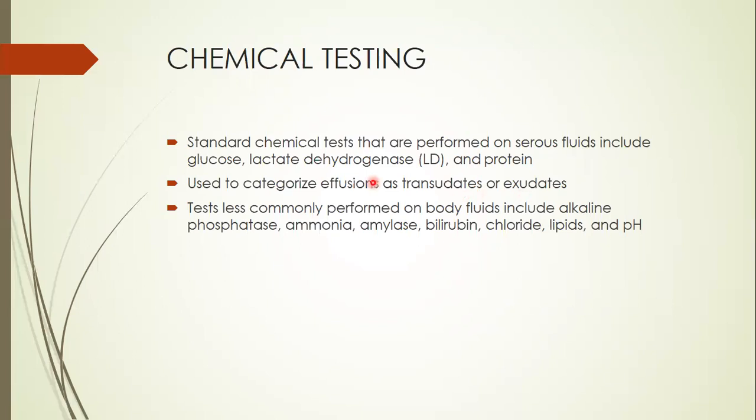Additional tests may be performed, including alkaline phosphatase, ammonia, amylase, bilirubin, among others, but these are not routinely performed. These are just addendum, supposing you are ruling in any other condition that may not be ruled out using these common tests.